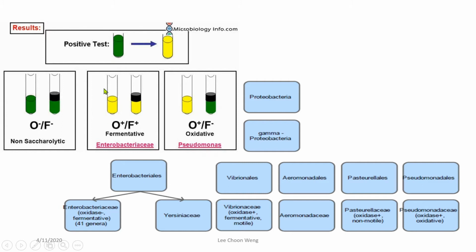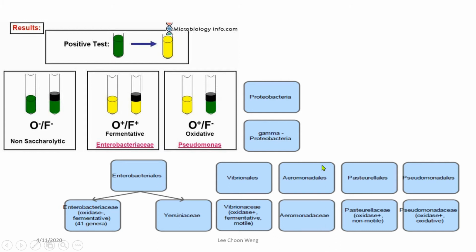However, if we see both tubes having acidic pH, that means this bacteria is a fermentative bacteria. It is able to utilize glucose in both conditions, whether you have oxygen or when you don't have oxygen.